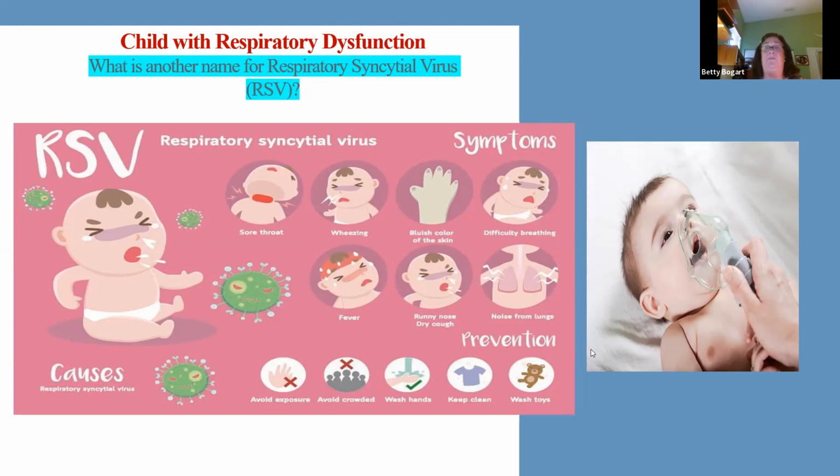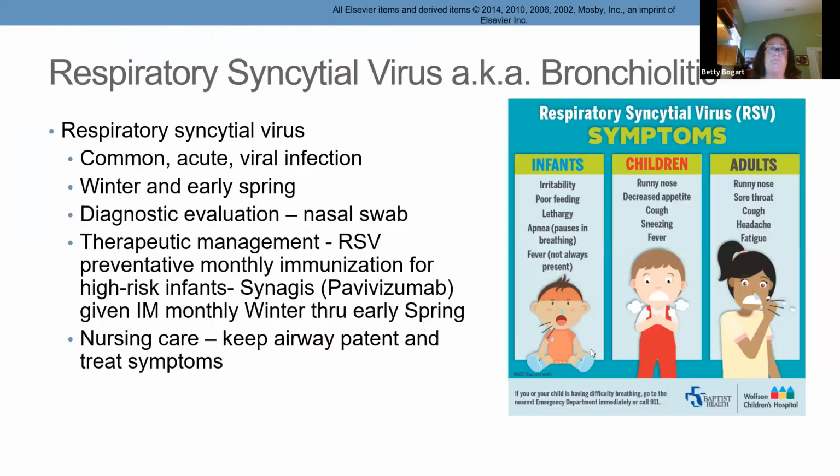Put a little mucus in the airway and a little fever, and these children are unable to eat or drink. It usually happens between winter and early spring. These illnesses can be treated with some suctioning and maybe aerosols with saline to loosen the mucus, and sometimes we can do that.